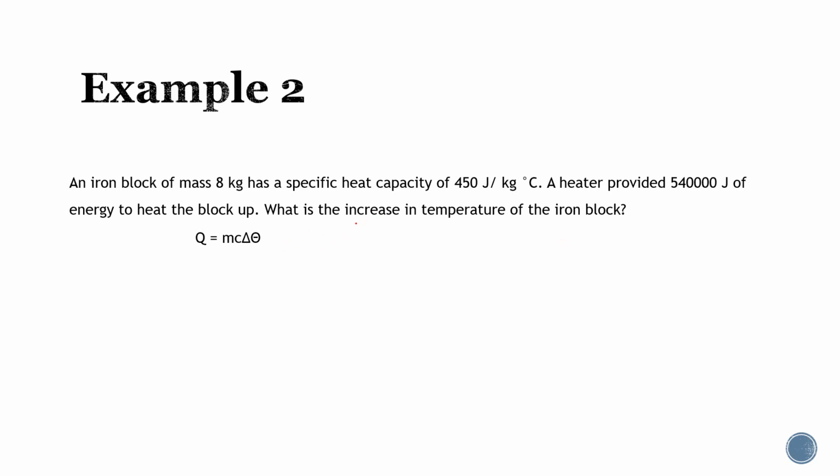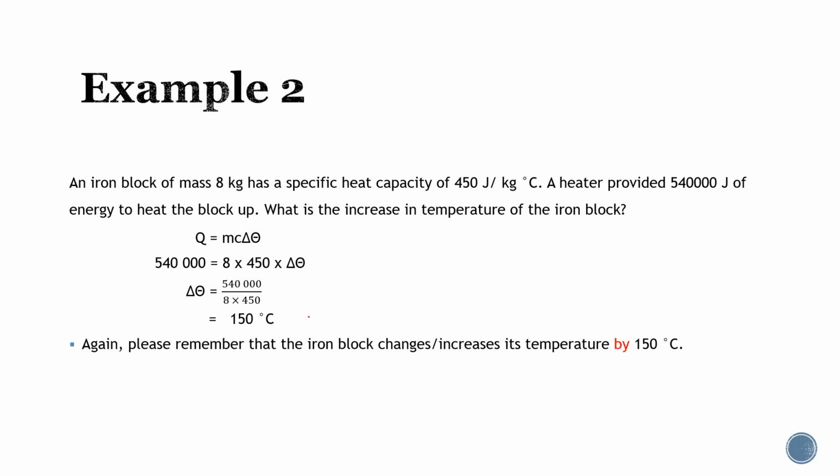This time you want to find the increase, so just substitute in the values and solve for the change in temperature of the iron block. It should give you 150 degrees Celsius. But please remember that the iron block changes its temperature by 150 degrees Celsius. It doesn't mean that its final temperature is 150.